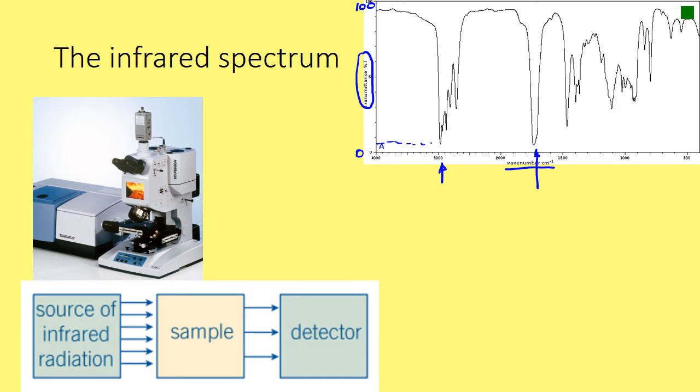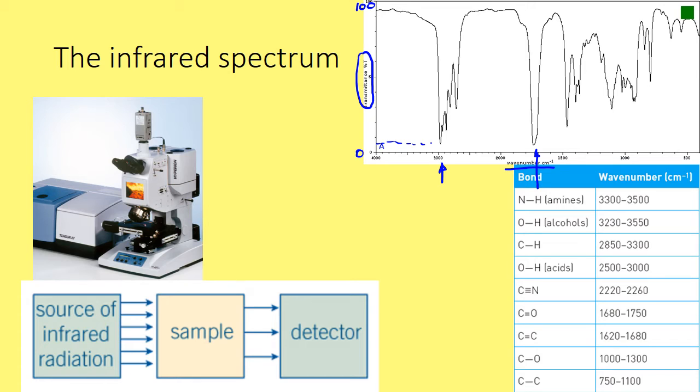And what we can do is we can have a look at these spectra and identify the functional groups and the bonds, and eventually work out a displayed formula for a particular molecule. So what scientists have done over the years is that they've worked out all of the wave numbers that are absorbed by the different bonds in organic molecules.